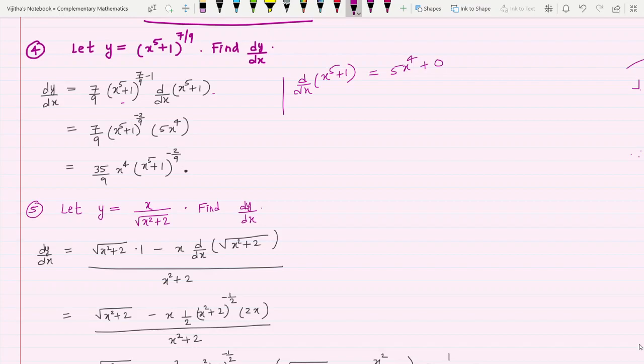So dy/dx will be root of (x^2 + 2) into the derivative of x, which is 1, minus x into d/dx of root of (x^2 + 2), whole divided by (root of (x^2 + 2)) whole squared, which is nothing but x^2 + 2.